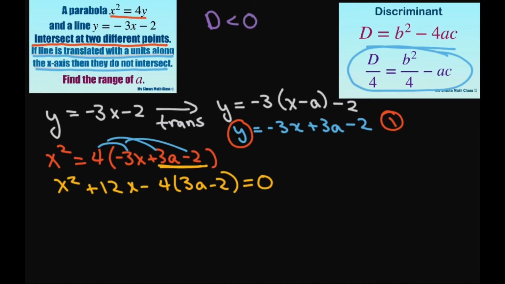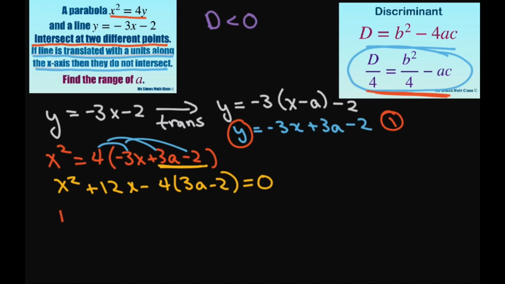Because if it's greater than 0, we have two real solutions. That means they intersect. If the discriminant equals 0, that means we have one real solution, so they intersect once. But if it's less than 0, then they don't intersect. So that means we're going to do that. And I'm also going to use this formula because it's a little easier to deal with.